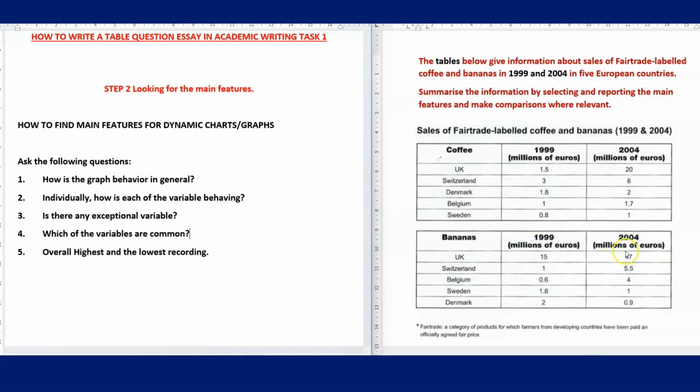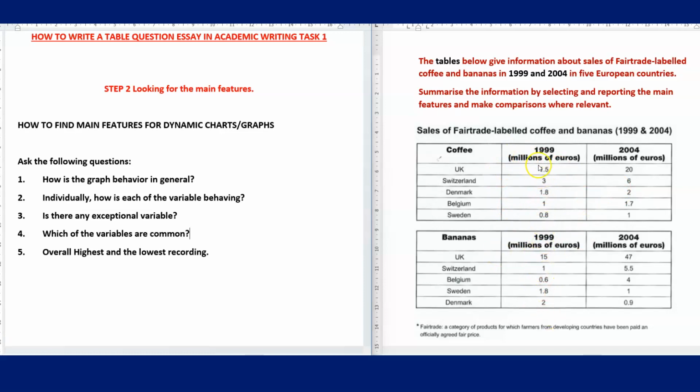And also in 2004 they spent a lot of money to buy, a very high total amount of money to buy this particular product, which is the banana. Okay, so they spent a lot of money to buy banana, right? As you can see, 1999 they spent 15 million, and that was the highest among all the trade. Okay, in 1999, right, we have 1.53, 1.8.